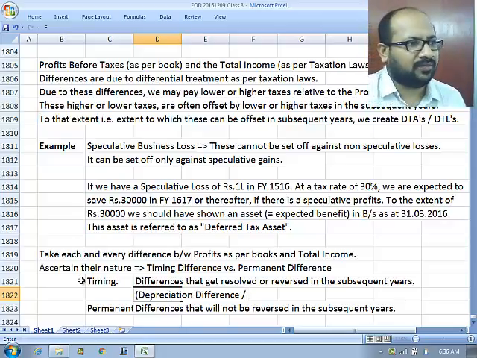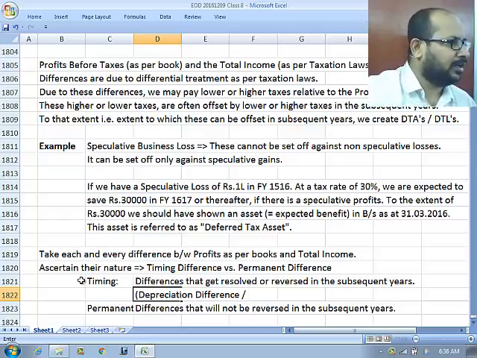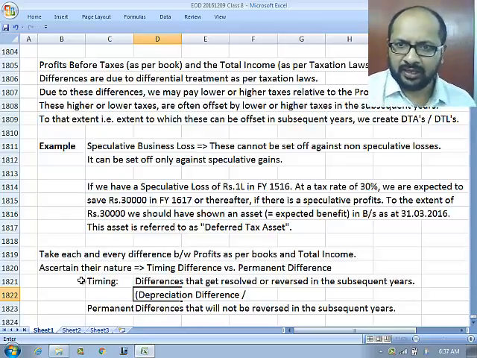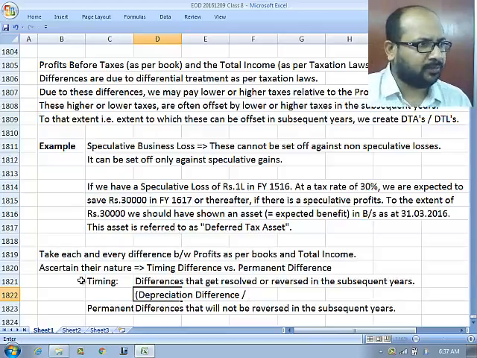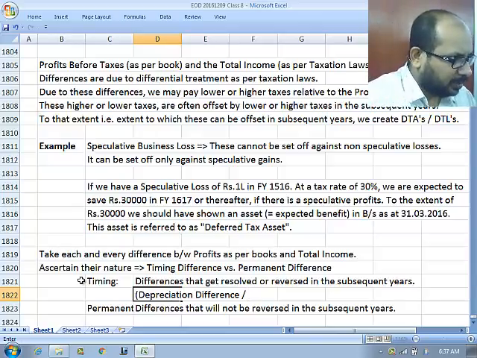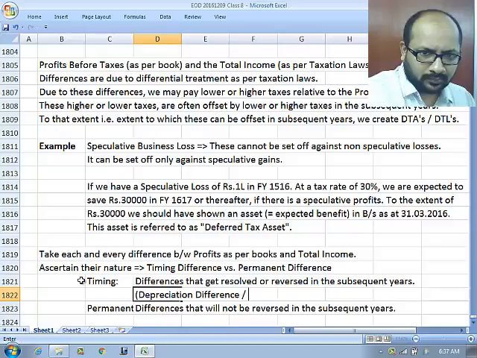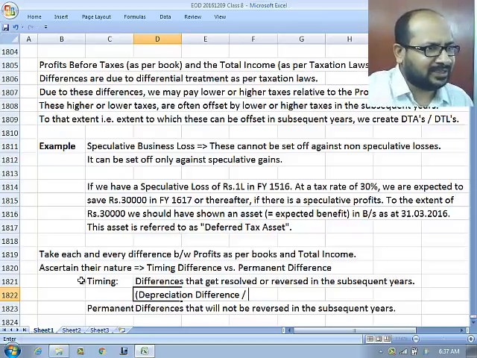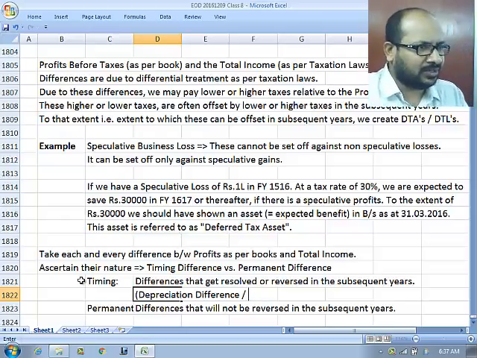For books, you may write off the entire thing in 5 years, 20, 20, 20, 20, 20. But you can only charge 100 rupees. The overall amount of depreciation remains the same, so the difference in depreciation as per books and taxation would ultimately be zero at the end of 10 or 20 years. It keeps getting adjusted. One year it is more, one year it is less, and it all gets knocked off.